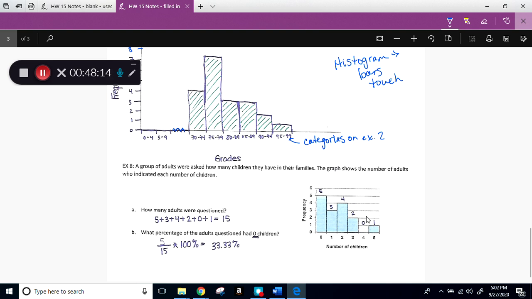None of them have 4, and 1 family had 5 children. So you should be able to add those up. 5 plus 3 plus 4 plus 2 plus 0 plus 1. And you should be able to get how many they're talking about. Let's see. How many of their questions? That's what they're asking you. So you just add up all of those numbers that you figured out from looking at the chart.